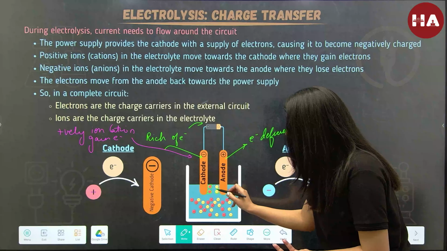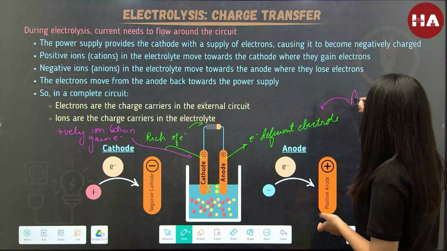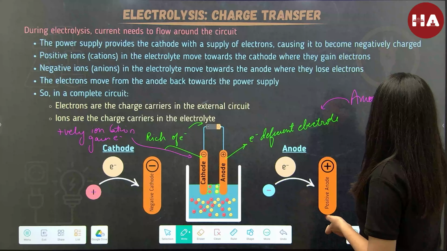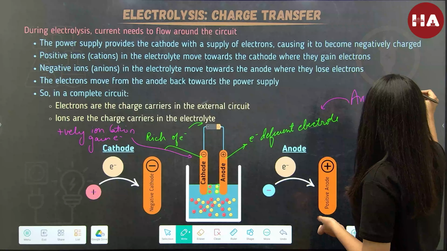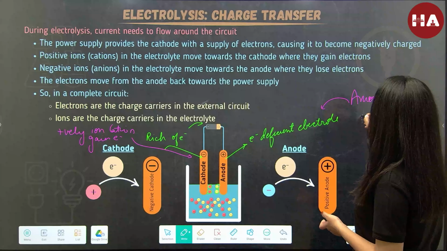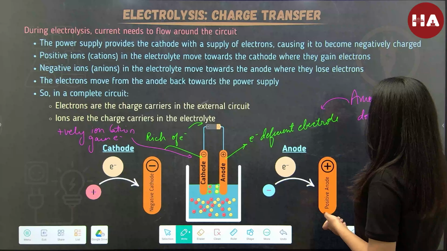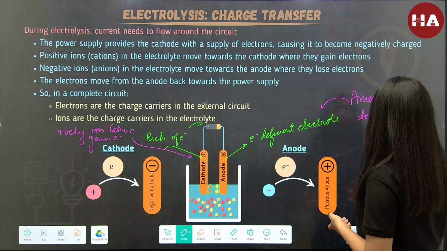So negatively charged species, which are known as anions, or let me write negatively charged ions, will come to the anode and donate their electrons at the anode, right?